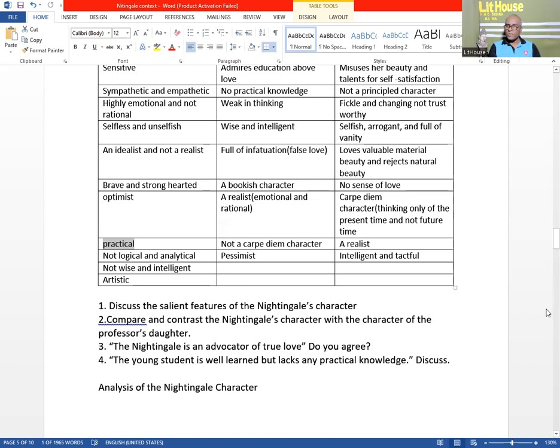Or you can borrow a book from your friend. You can borrow a piece of paper from your friend. Or you can even write in your palm. That is your practical nature. You have to be practical thinking. Nightingale is a character like that. The student, he is not practical.